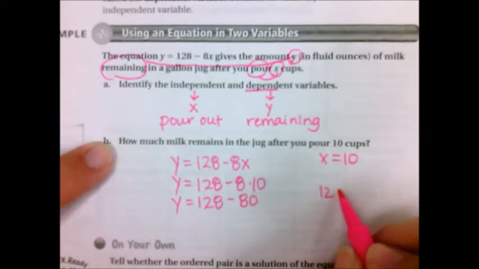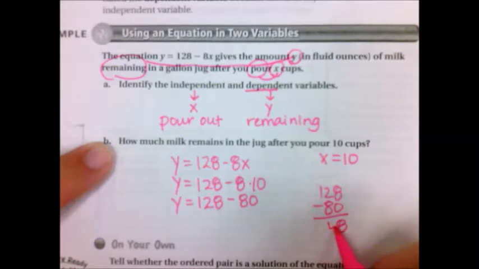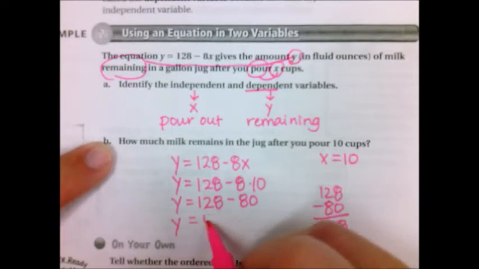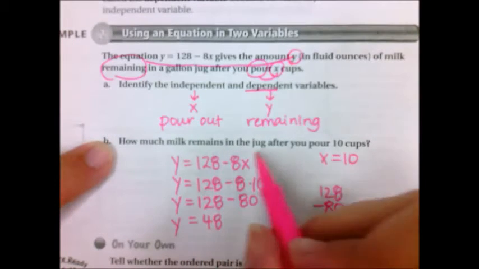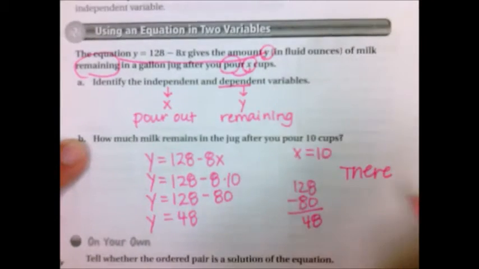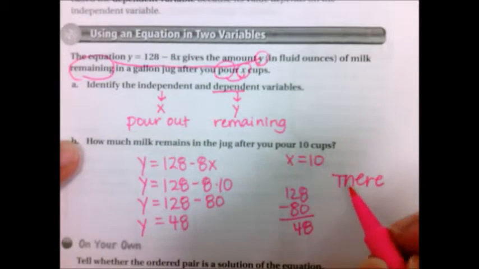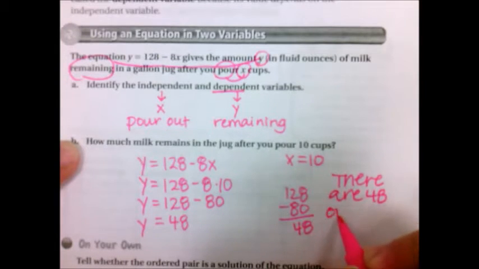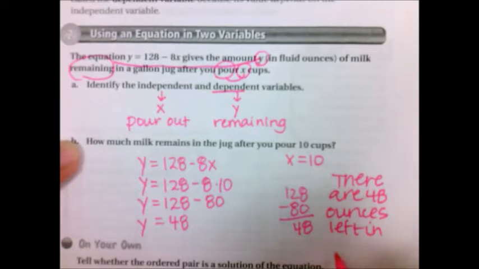And then we can line it up over here if we need to. y equals 48. So how much milk remains in the jug? There are 48 ounces left in the jug.